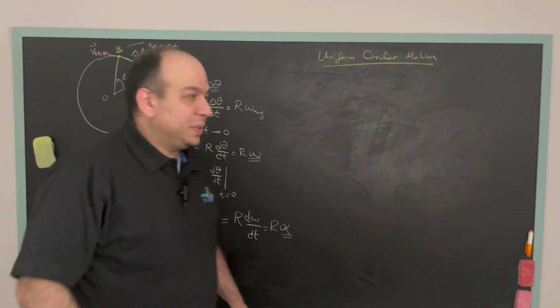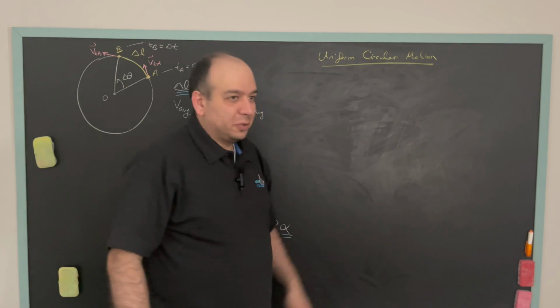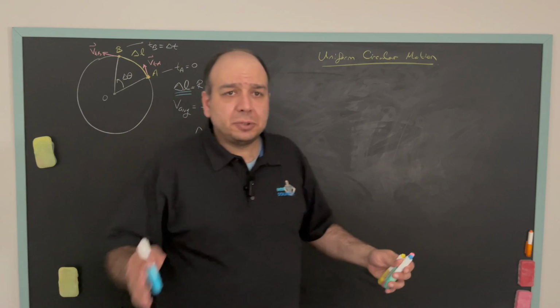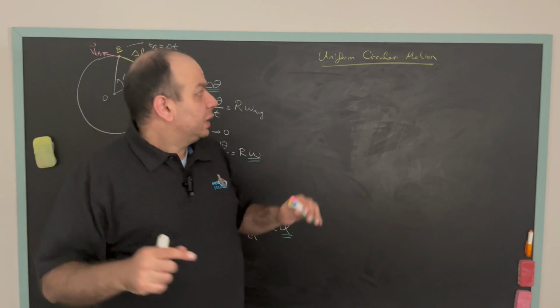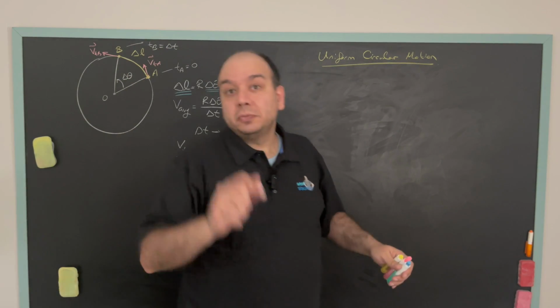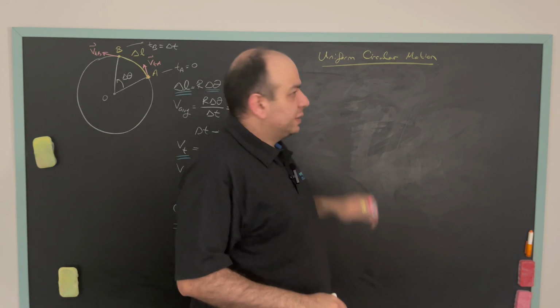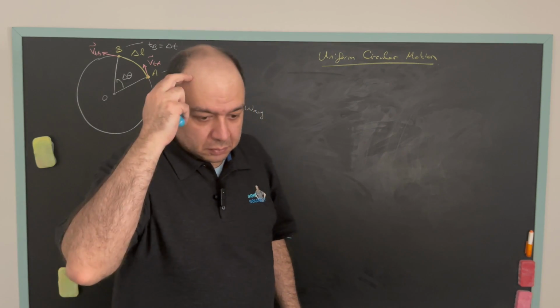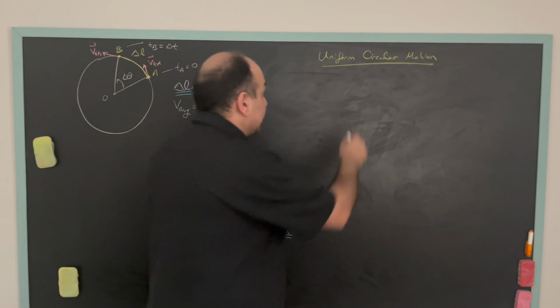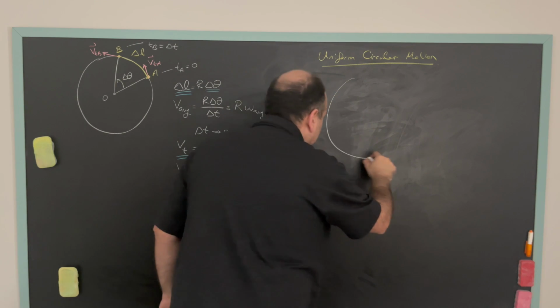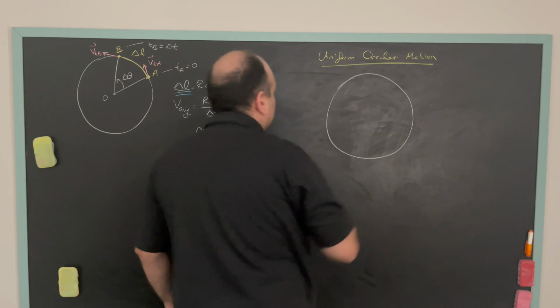The next step is to discuss uniform circular motion. Sometimes students say that it is a type of circular motion with constant velocity. Is it really true? Let's see. I'm drawing a circle.